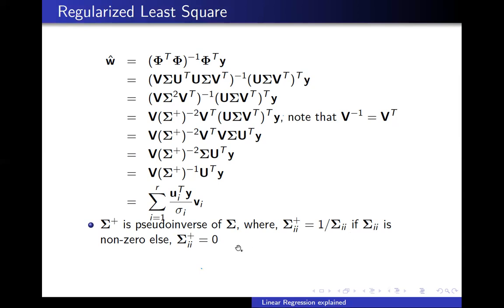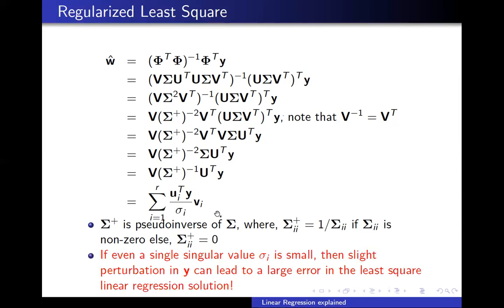There are a couple of observations that we make from this representation. The first thing is that even if a singular value is small, a slight perturbation of y can lead to a very large error. What this is saying is as follows. Let's say sigma 2 is very, very small and close to 0.